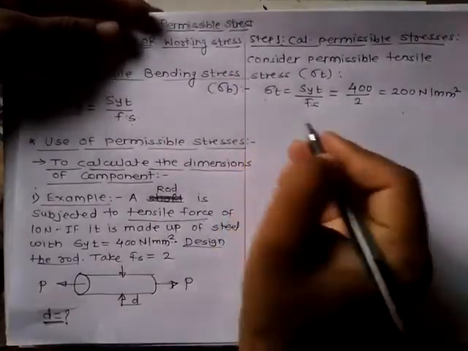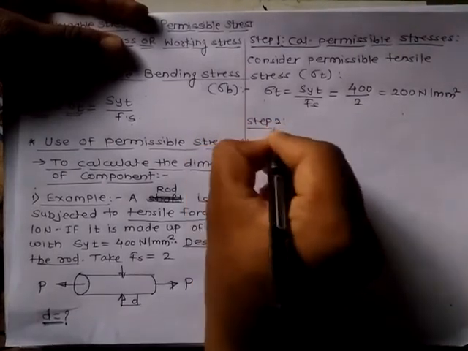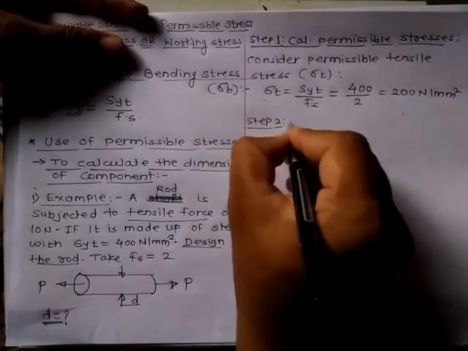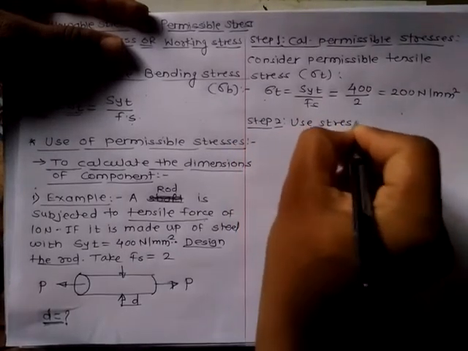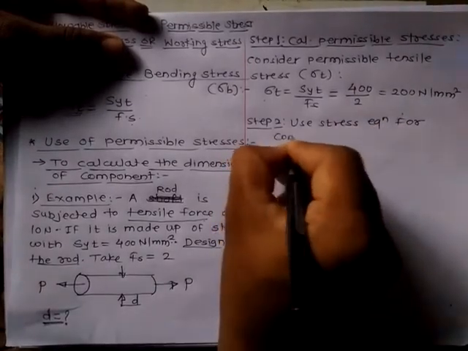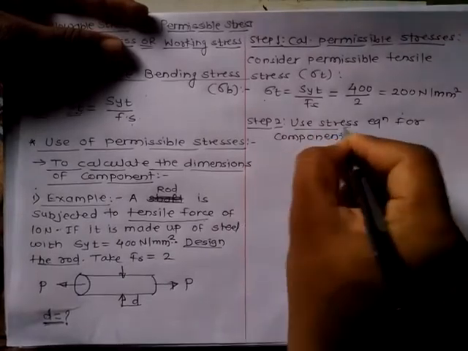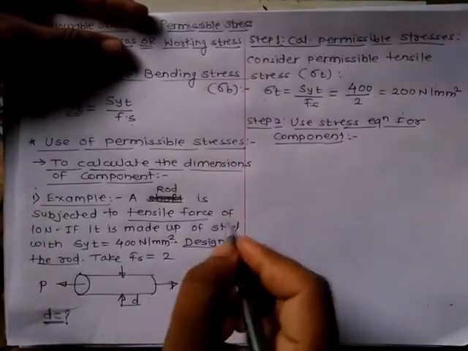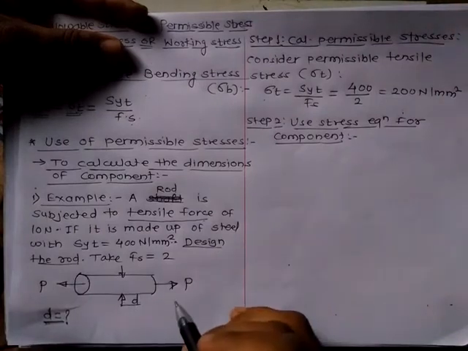Now the second step is to use the stress equation for the component. What is meant by stress equation? The stress equation is nothing but the equation for the type of stress that is going to be induced in the component.